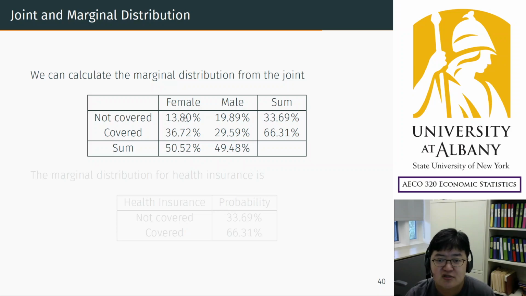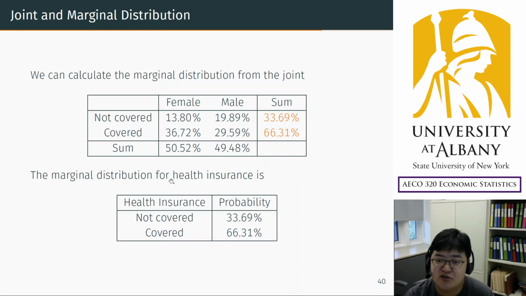And if you sum across columns, you get 33%, which is the probability for not covered. So this summation across columns will become the marginal distribution for health insurance, right? So this part becomes another marginal distribution for health insurance, right?